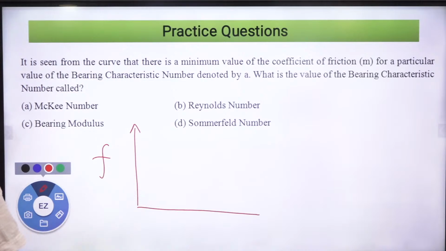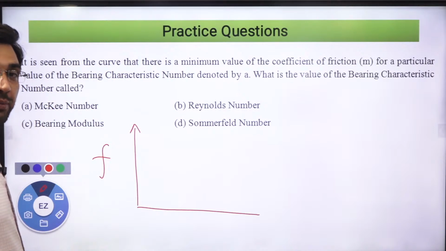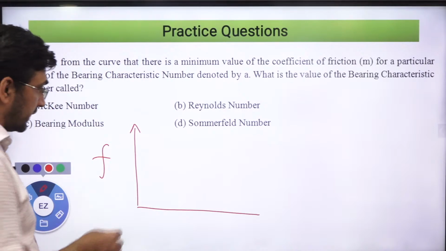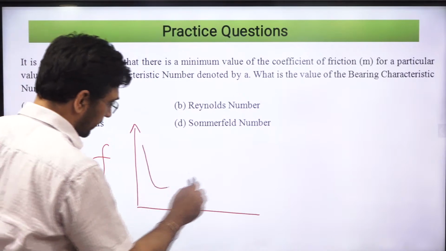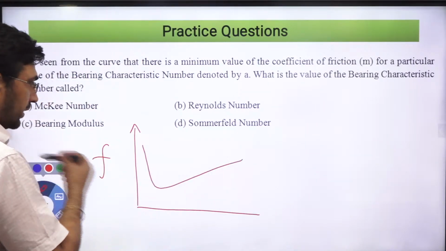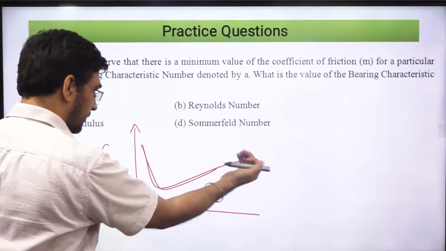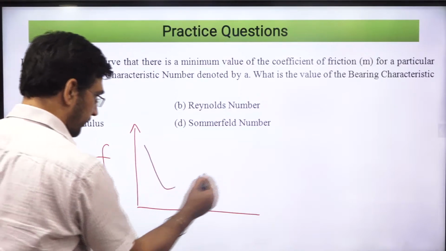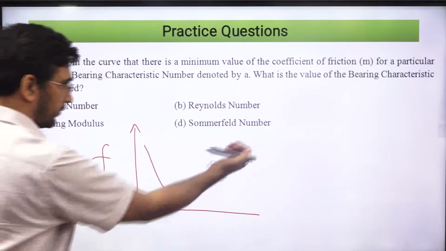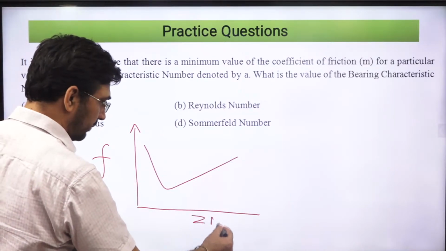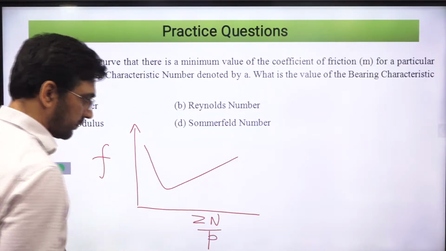These are Mackey brothers, you know. Mackey brothers who carried out the test of friction, and they obtained this kind of curve of variation of friction with respect to Zn by P, that is bearing characteristic number.